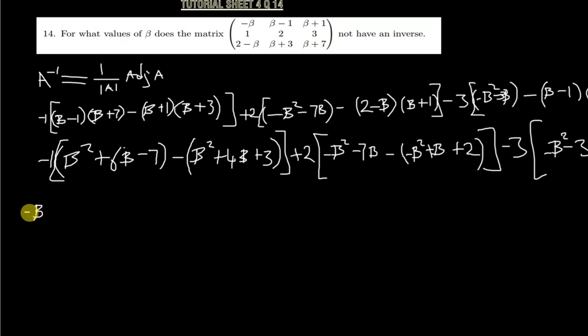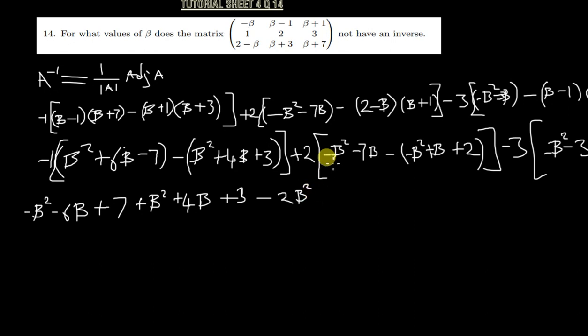When you multiply negative 1 times beta squared, it will be negative beta squared, then minus 6 beta, then plus 7, then we have plus beta squared plus 4 plus 4 beta plus 3, and then this will be plus 2 times negative beta squared will give me 2 beta squared. So this is supposed to be a minus here.